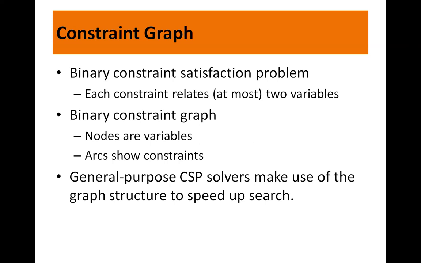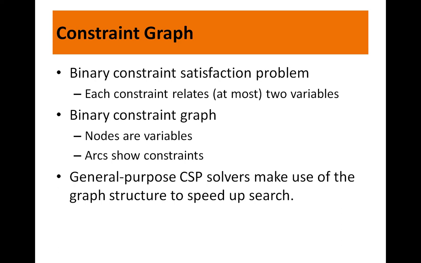Now, to solve any CSP, the best thing is to convert it into a graph problem, right? And here it is not a simple graph, it is a constraint graph. So we are converting a CSP problem into a constraint graph to solve it in an optimal way. In a binary constraint satisfaction problem, each constraint relates at most two variables, right? Those are the variable and the domain value, x1 and d1. In a binary constraint graph, nodes are the variables and arcs are the constraints, right?